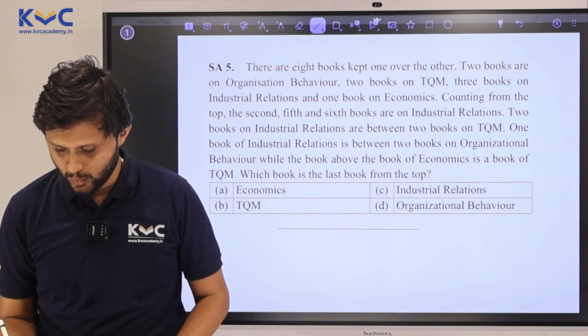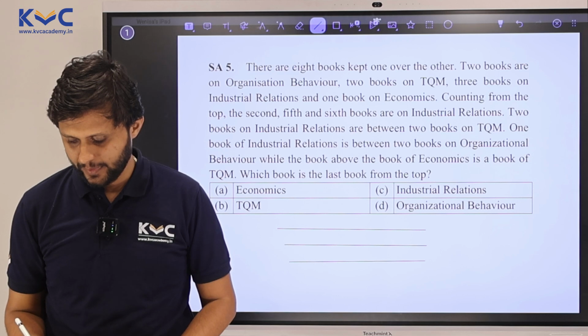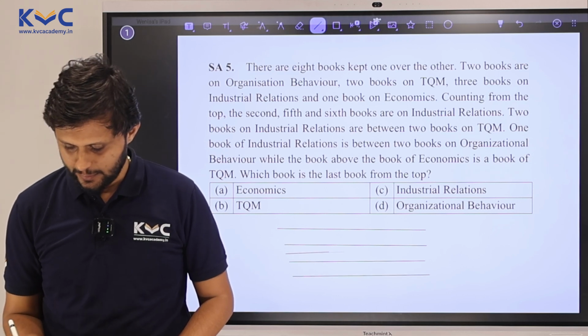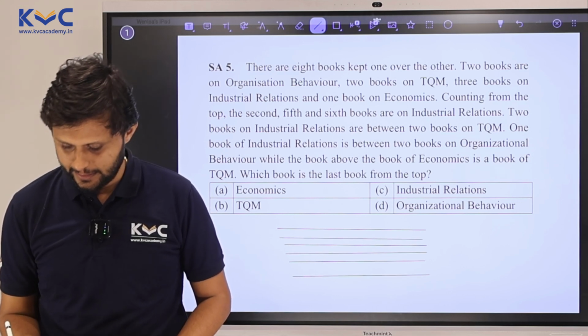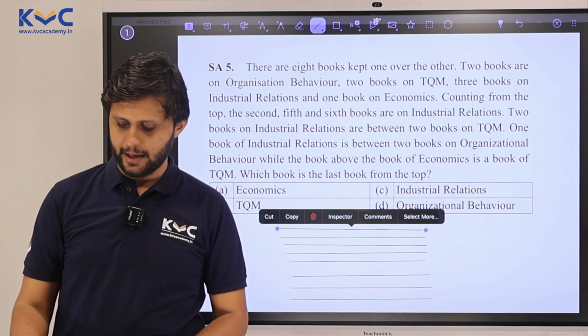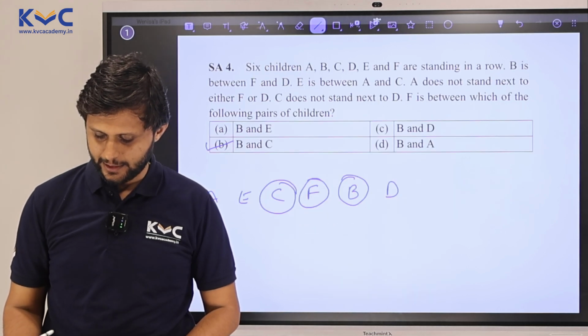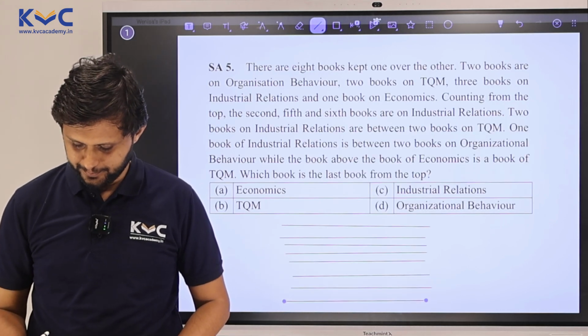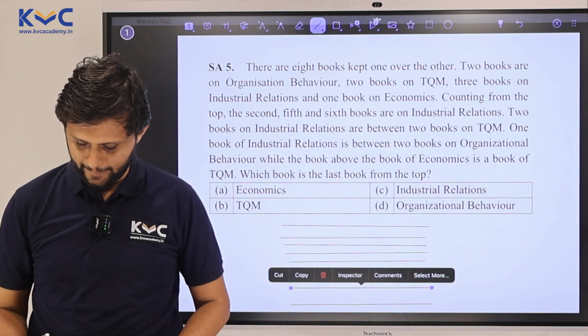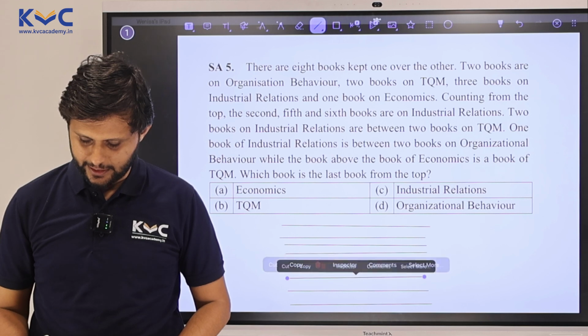We need 8: 1, 2, 3, 4, 5, 6, 7 and 8. Okay, we have 8 books over here. We'll adjust the lines a little bit. These are the books in the shelf.